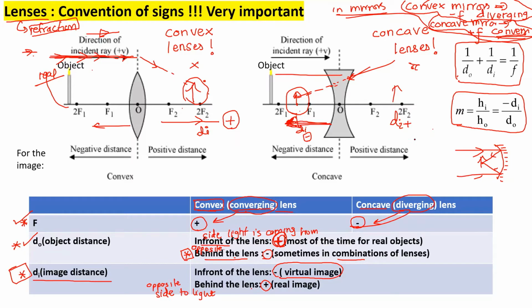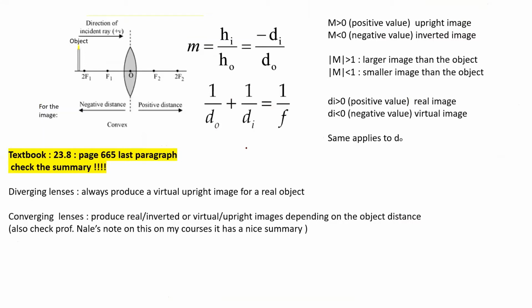So if you look here, DI on this side is a negative distance, and on this side is a positive distance, for both convex and concave lenses. Everything else, these equations, this one and this one, you can use similar to mirrors.